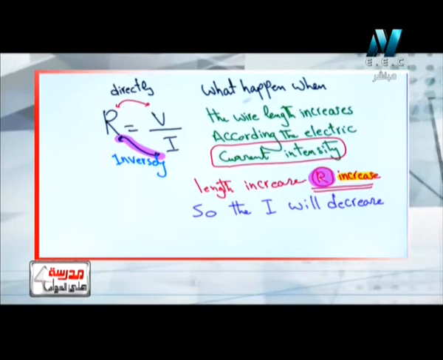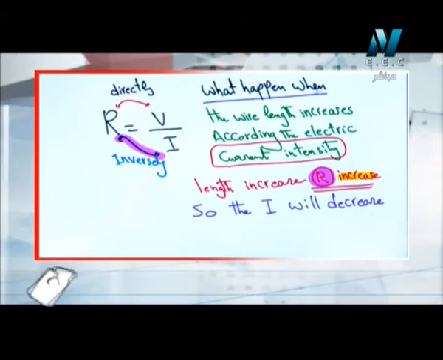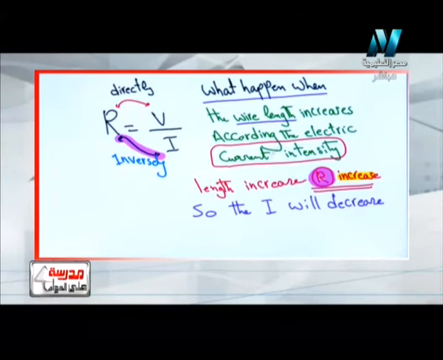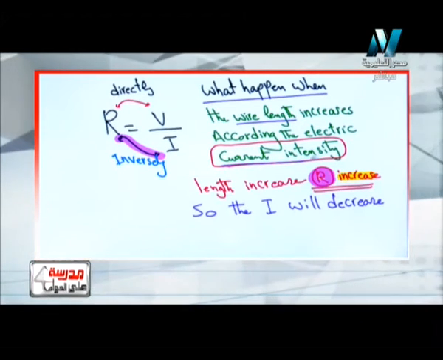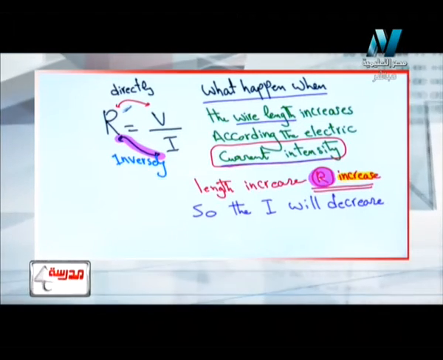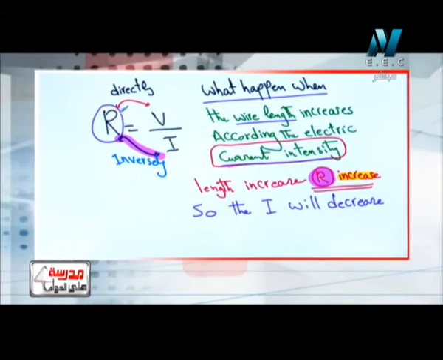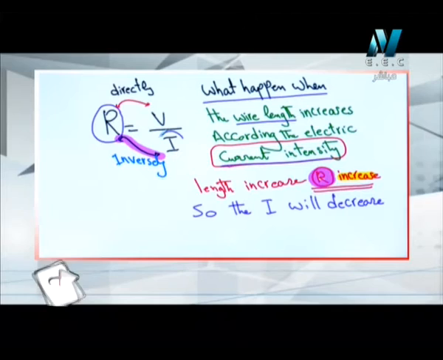So be careful, this question is a complex or combined question. It says what happens if the length of the wire increases concerning the electric current intensity. I tell him if the wire length increases, the electric resistance will increase, so the electric current intensity will decrease.